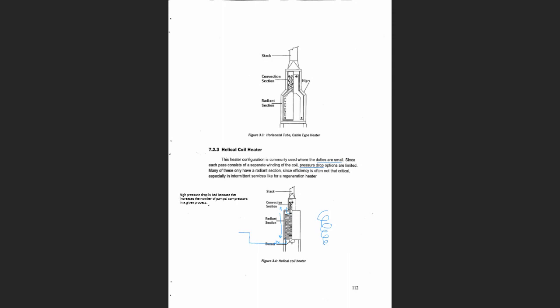وانتم عارفين طبعا يا إخوان انه كل ما كان عندك pumps أكثر وكمبرسرز أكثر كل ما استهلك طاقة أكبر، كل ما كانت تتطلب صيانة أكثر، كل ما طلبت موظفين أكثر، كل ما ارتفعت الخسائر التشغيلية، بالتالي تقل الأرباح عندكم يا إخوان في أي chemical process.